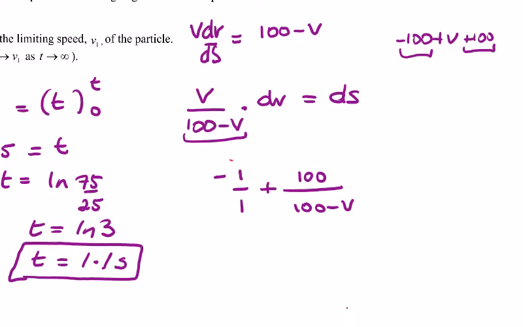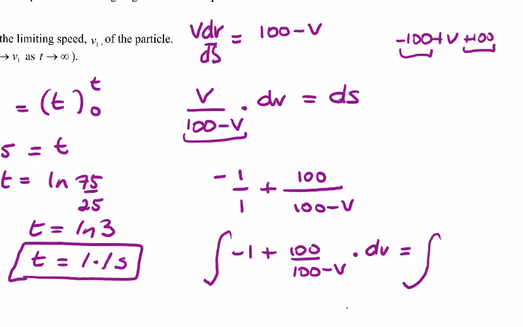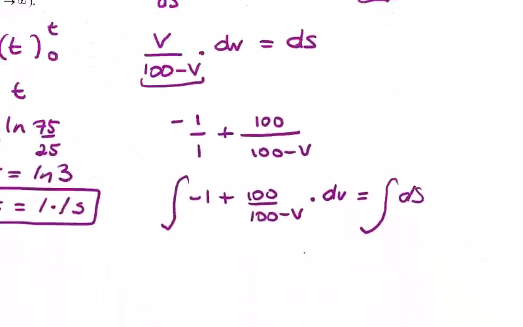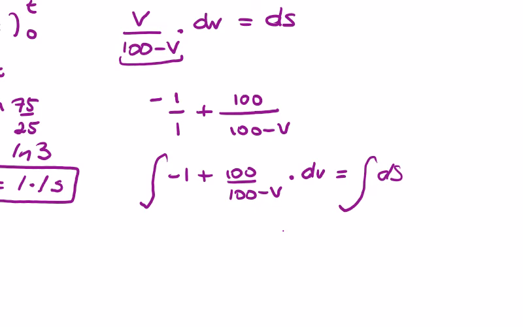So we have minus 1 plus 100 over 100 minus v to integrate with respect to dv, equal to the integration of ds. And we are asked, how far does it travel from rest to 75? Okay, from 0 to 75 meters per second.